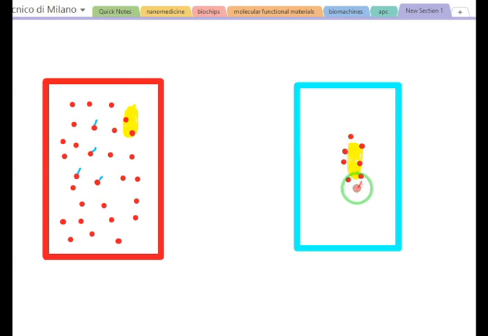Okay, now because of the formation of this cluster, the color of the suspension that you see is no longer red, the color is blue.